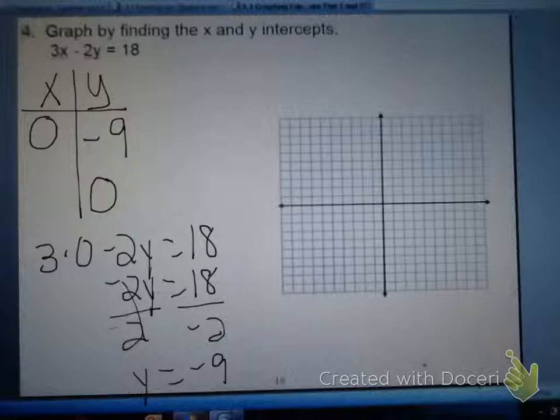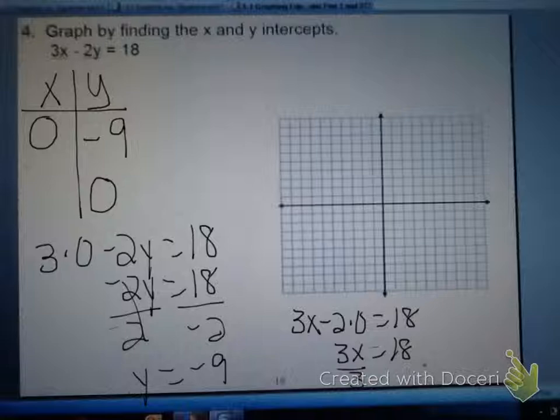If y is 0, x is equal to 6. So there are your x and y intercepts.